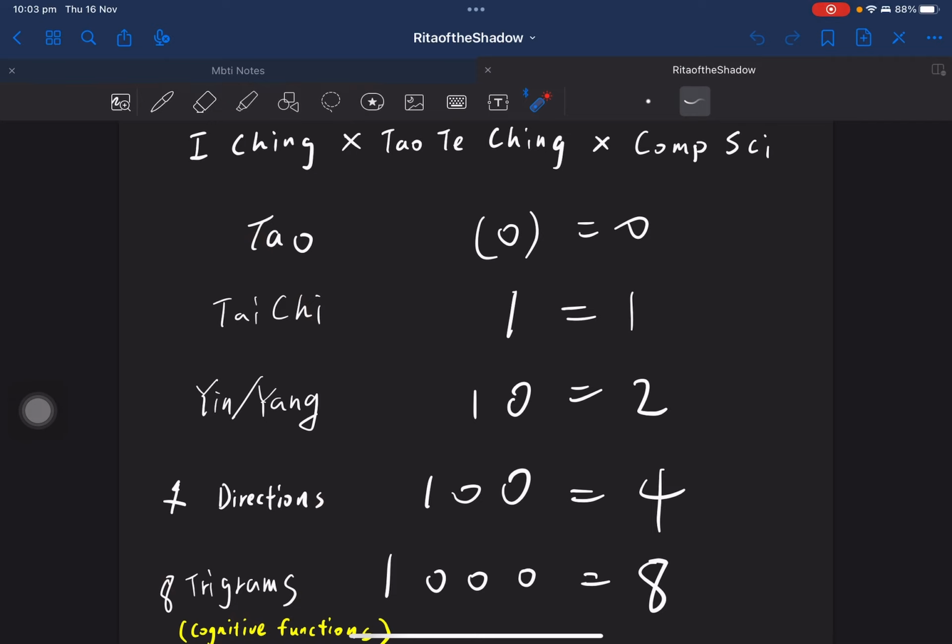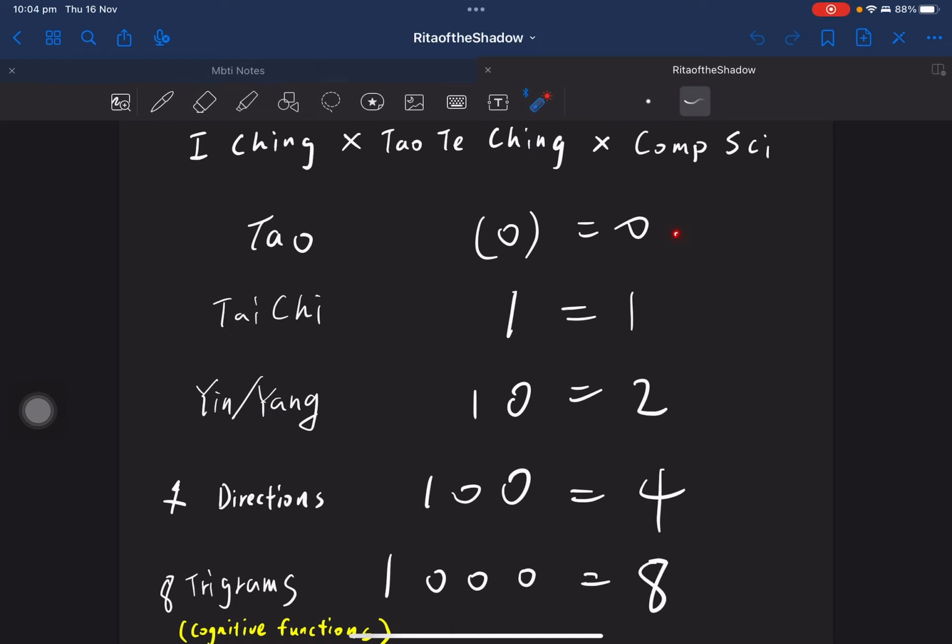Because why is everything like this? Because in the beginning there's the unconscious, and then we become conscious. As soon as we become conscious, there is a separation. Then we become separated from our unconscious.